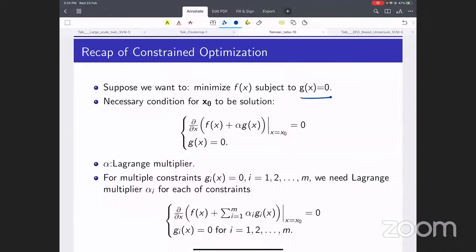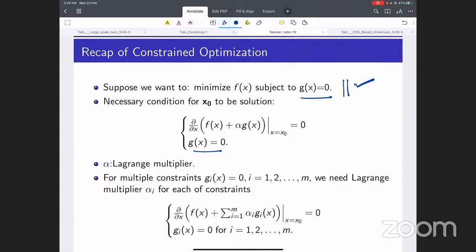The necessary condition for a solution of such an optimization problem is that the partial derivative of the objective function plus alpha times g(x), where g is the constraint and alpha is a Lagrange multiplier, at x equal to x naught should be 0. And the constraint g(x) equal to 0 must hold.